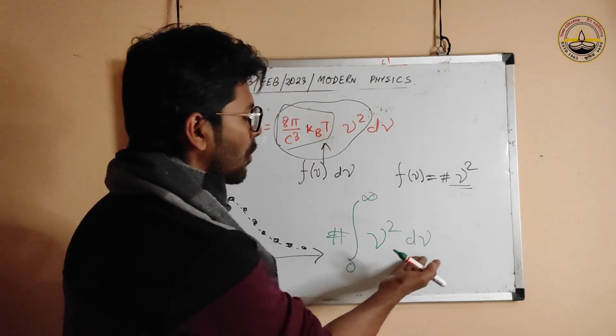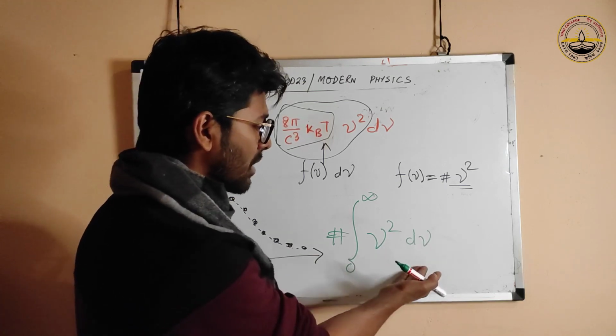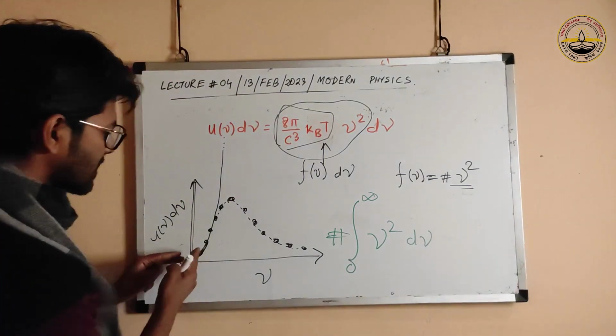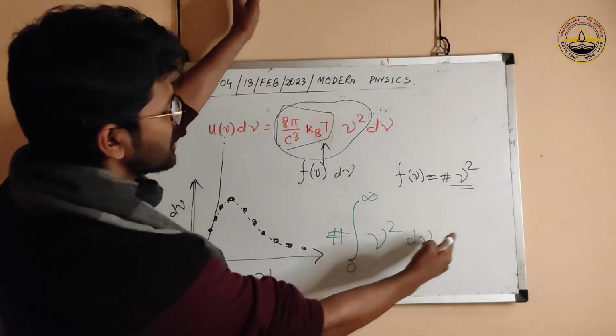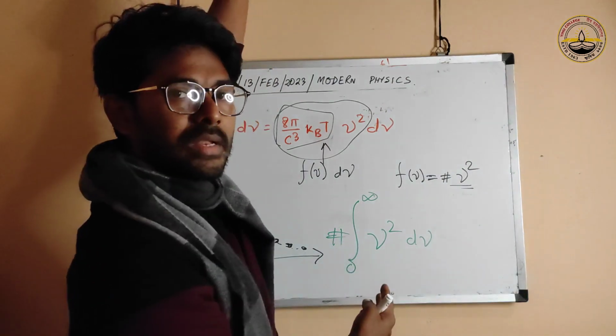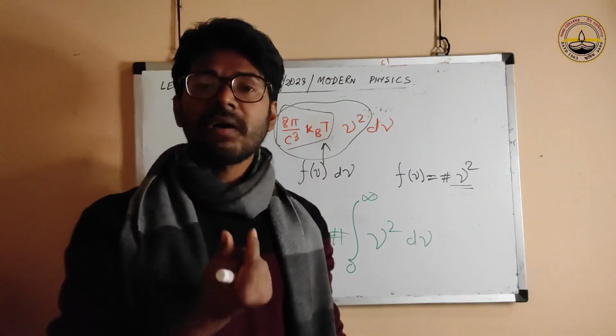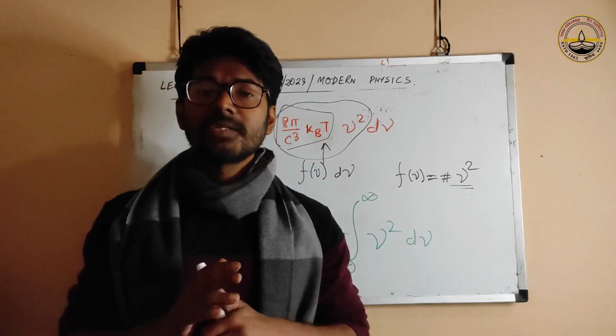And that's obviously infinity. Integration of nu square d nu, that's like the area under this curve. So as you go higher and higher in frequency, the area is just increasing, becoming infinite. It's not bounded. So just a piece of iron is radiating an infinite amount of energy.